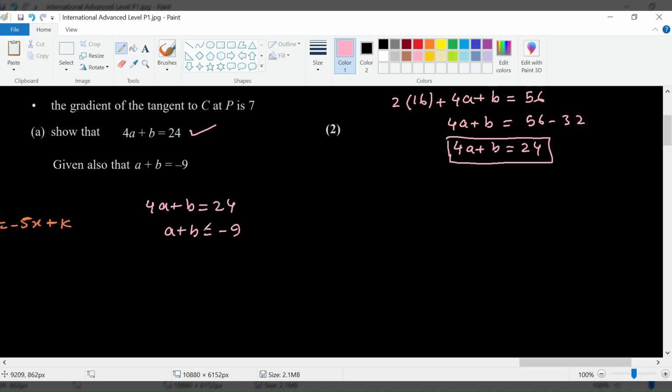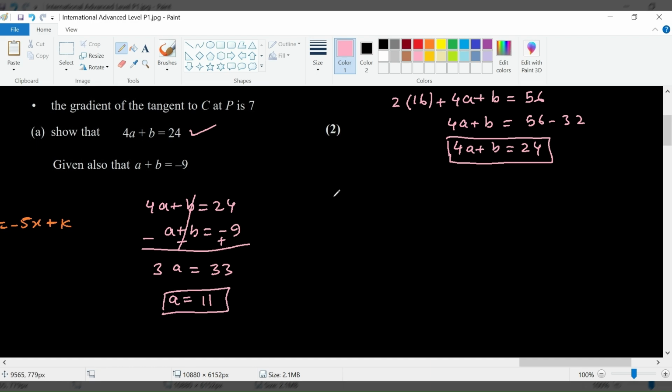What we can say is, okay, making it negative, negative, and positive. So these two are going to be cancelled. So this is going to be 3a equals 33. 24 plus 9 is going to be giving us 33. So the value of a is going to be equals to 11.